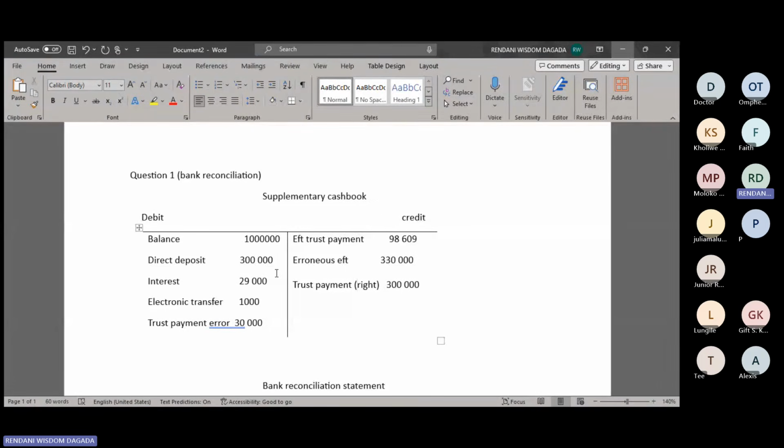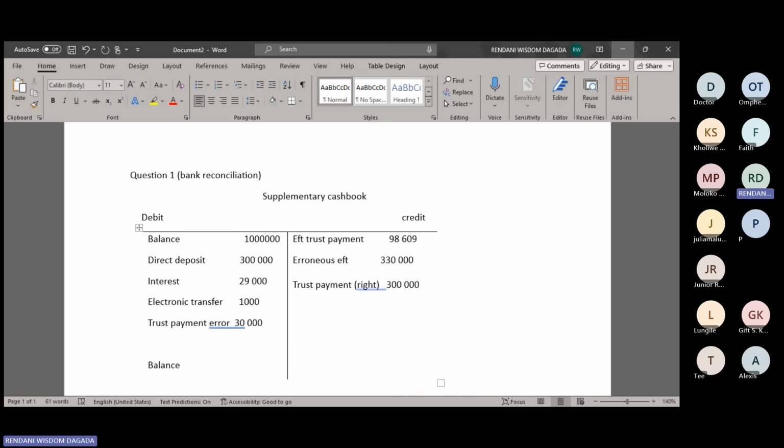When I look at the debit side and the credit side, I can see that the debit side has a larger amount because it already has 1 million. And when we add the other amounts, it's going to be more. So I'm going to say the debit side has more. Then I'm going to add everything on that side and use it as a balance.